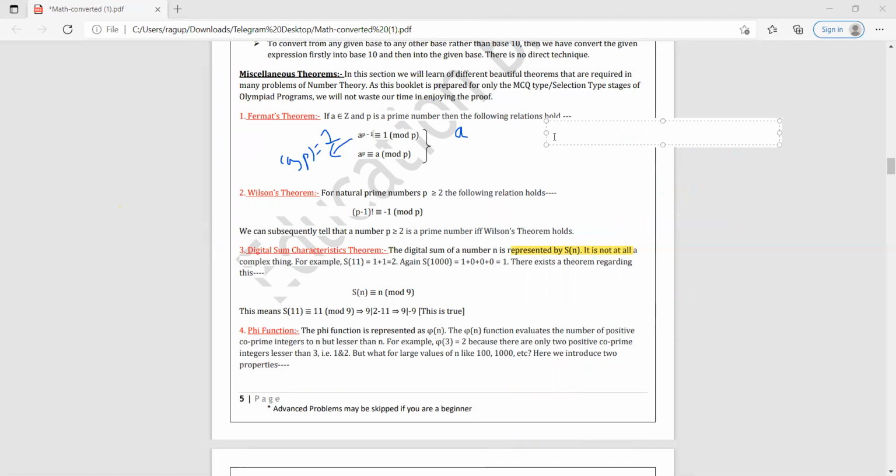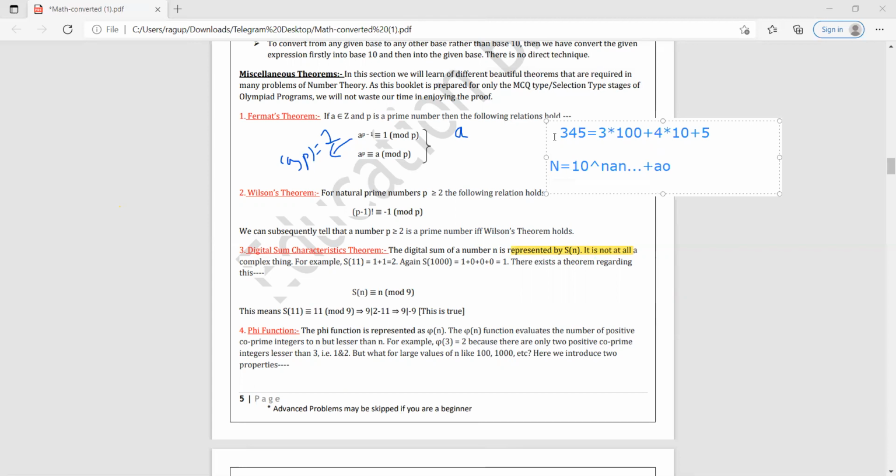So n can be written as, if it is a 3-digit number, 345, it is written as 3 into 100 plus 4 into 10 plus 5. So the basic way of writing a number in the form of its digits is a n into 10 raised to n dot dot dot plus a naught.